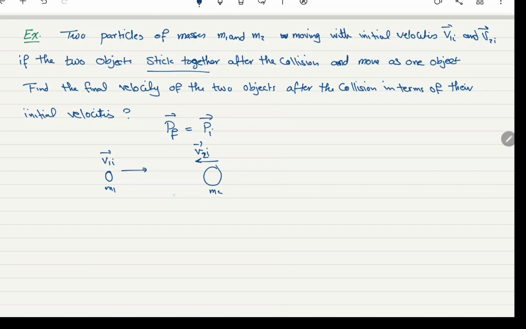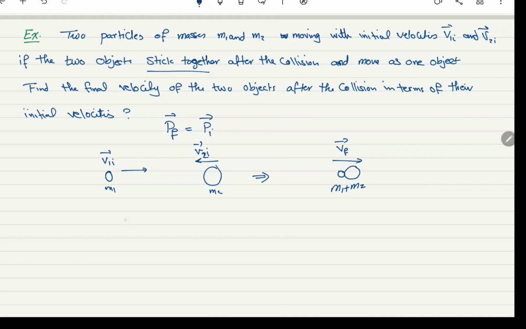Now this is before the collision. After the collision, this is the first one, this is the second one here, and both move with a common final velocity. The total mass for this whole system is m1 plus m2.